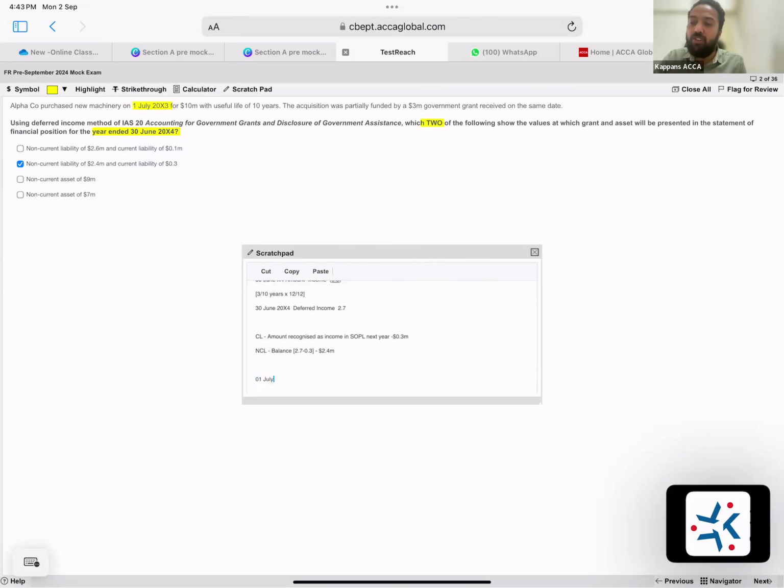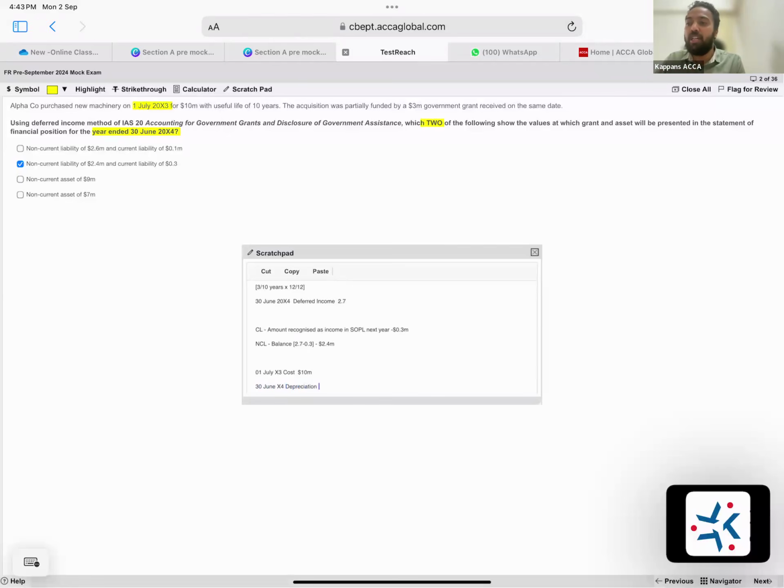So on 1st July X3, Alpha purchased a new machine for 10 million. So there is a machine, there is property, plant and equipment, there is a non-current asset having a value of 10 million. And at 30 June X4, the year end, this asset will be depreciated.